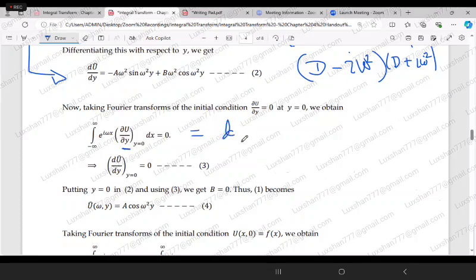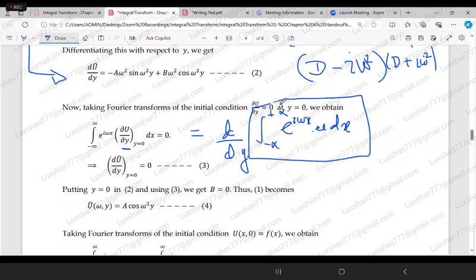So this becomes d/dy of the integral from minus infinity to plus infinity of e to the power i omega x times u dx. This is nothing but u bar.